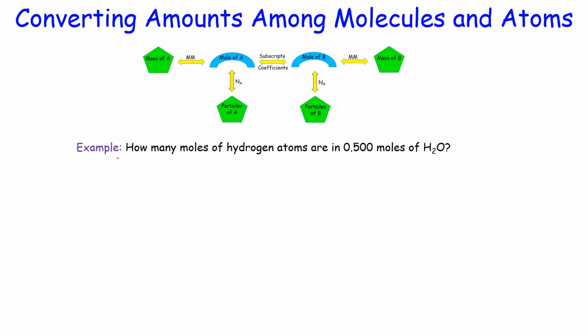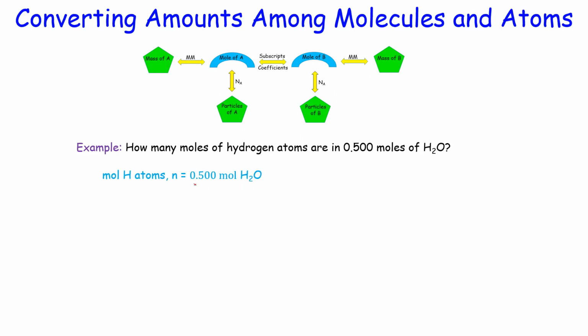Now let's work on one example. How many moles of hydrogen atoms are in 0.5 moles of water? You see, we are converting from the moles of water, we can consider water as A, and then to the moles of hydrogen atoms, we can consider hydrogen atom as B. Okay, so now we start from what we know.